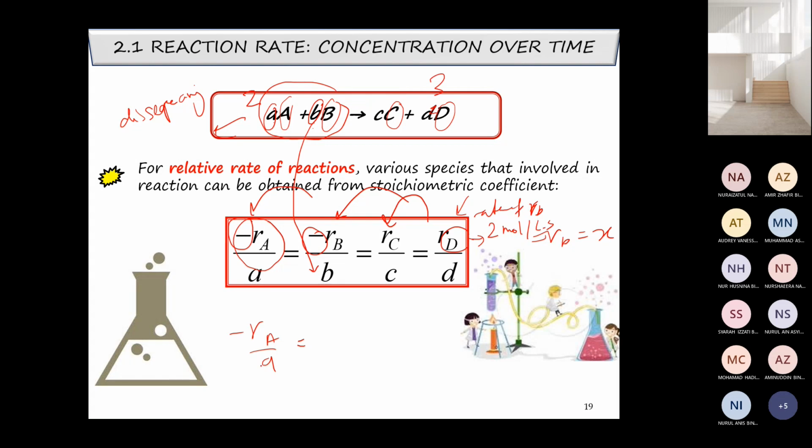So RA over 2 is equal to RD, which is 2 mole per liter per second given in the question, over 3 here. So automatically, times and divide. 2 times 2 is 4, so 4 over 3 mole per liter per second, which is the RA value. So you can get RA. RB you can do the same way, just replace RB here and so on.